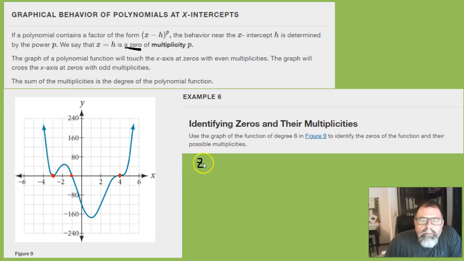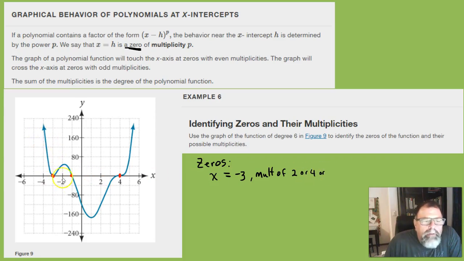So the zeros of the function are x equals negative 3, and it has a multiplicity, it bounces, so that would be a multiplicity of 2 or 4 or 6.